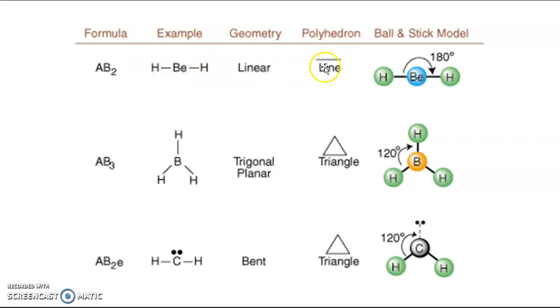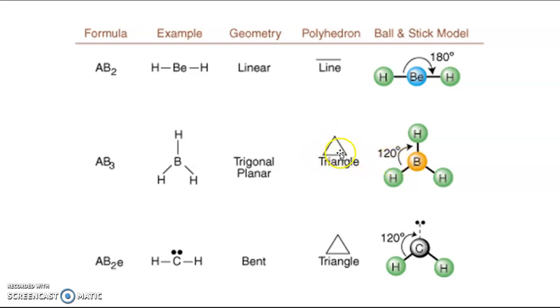This is the form of the molecule, a line. That's what we call the geometry of the molecule: linear. And the angle of bond is 180.